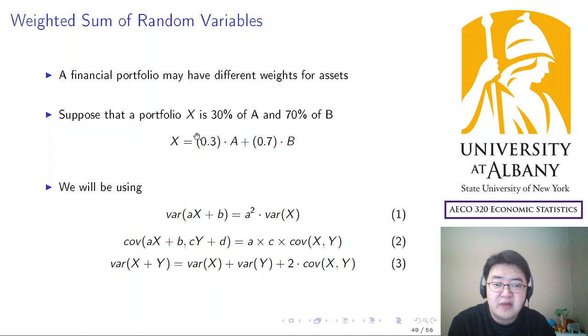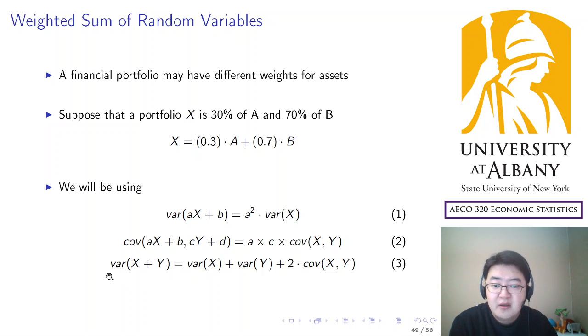So when you multiply 0.3 on A and 0.7 on B, the covariance after the multiplication will be multiplied by 0.3 and 0.7. So 0.3 plays the role of A, and 0.7 will be C. I'm going to use this result in the next slide.